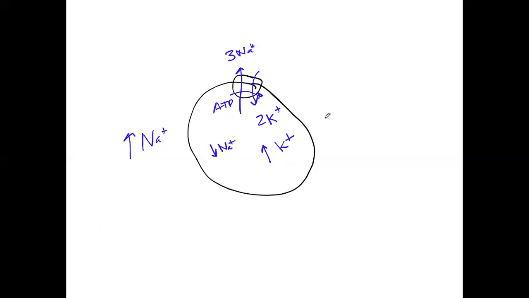And then potassium is lower on the outside. Okay, so this pump sets up separation of charge. How does it do it? It makes sure that sodium is highest here and potassium is highest here. It also makes sure that we're kicking out 3 positive charges on the outside and that there's 2 positive charges getting dragged in, right? Because we're pumping out 3 sodiums and we're dragging in 2 potassiums. So because there's unequal distribution of positive charges, the inside is relatively negative compared to the outside, okay?